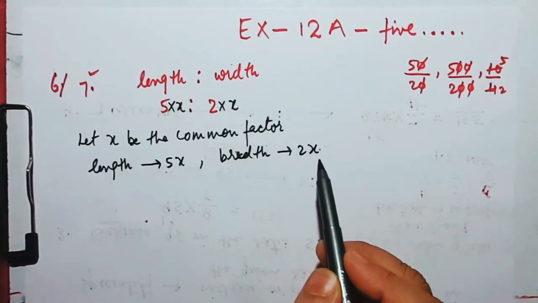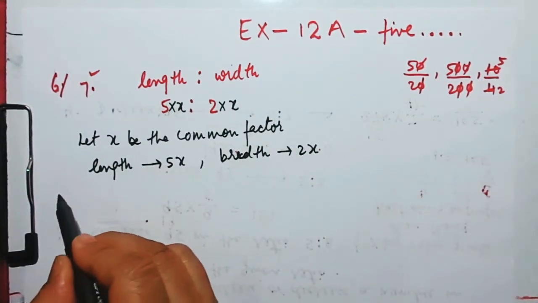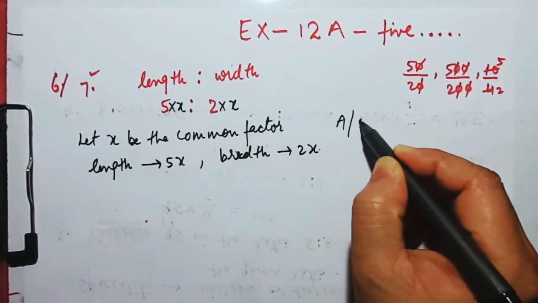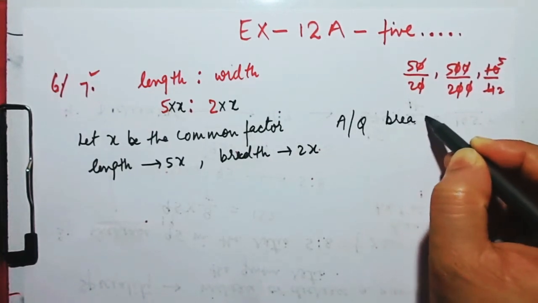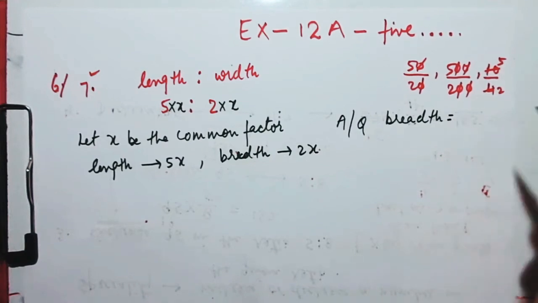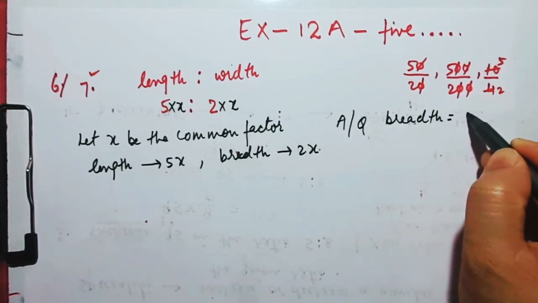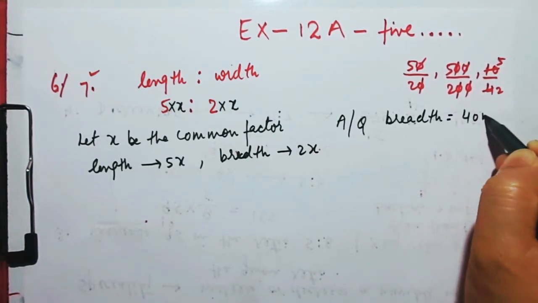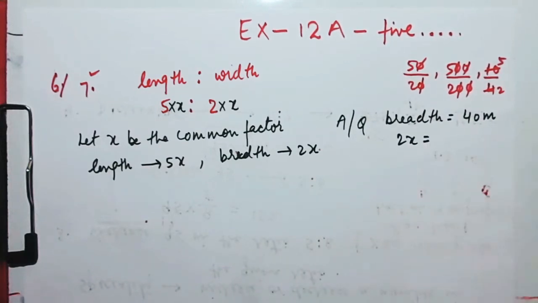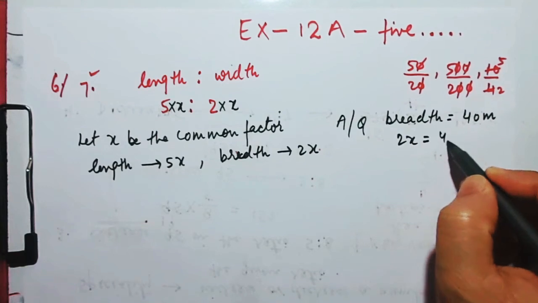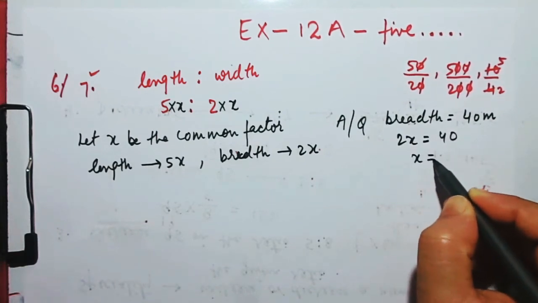Find the length if the width is 40 meters. According to the question, the breadth is equal to 40 meters. Breadth was 2x, so 2x is equal to 40, x will be equal to 20.